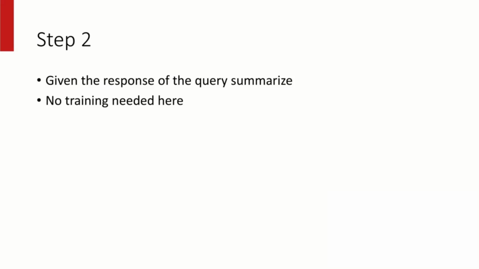So in step 1, we utilized a large language model to translate a question to a Cypher query. The Cypher query was then executed against a knowledge graph to obtain a response to the original question. Now, in step 2, we would like to summarize this response back to the user. So we use the large language model to accomplish that.